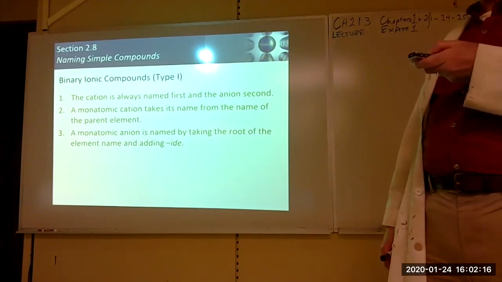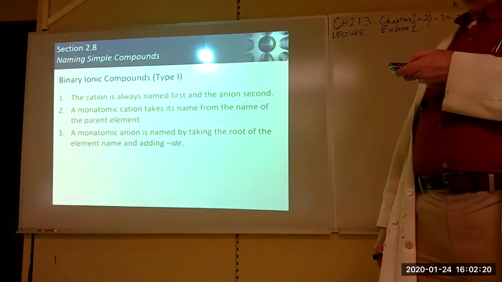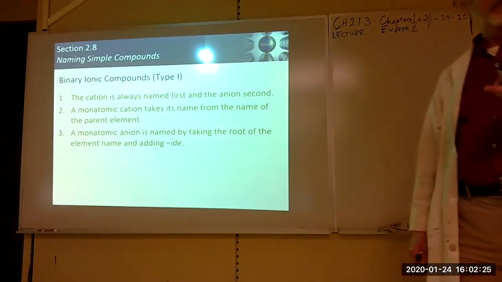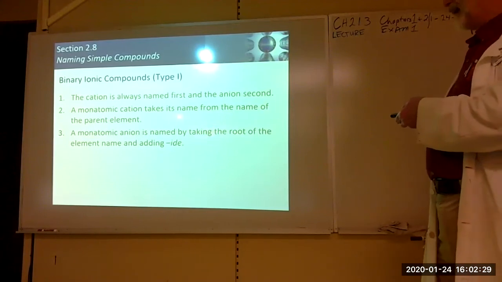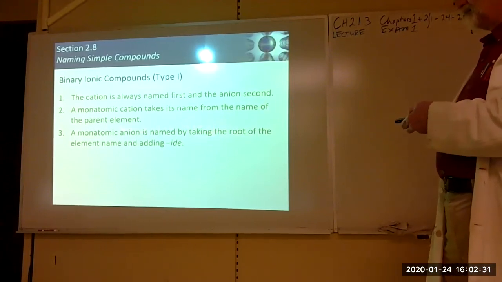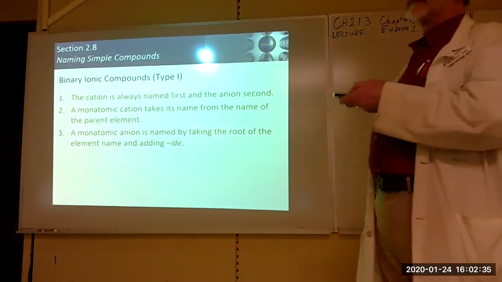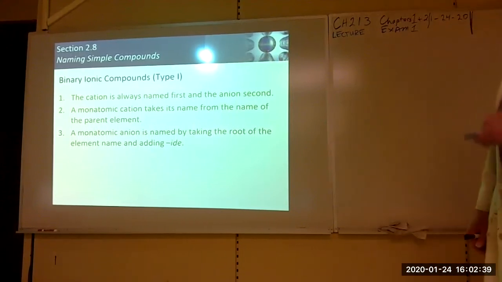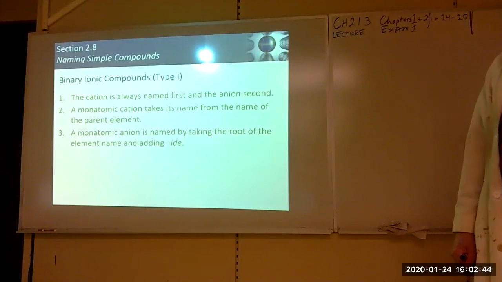So it's going to come from either this group, that group, or this group right here. 2 plus, 1 plus, 2 plus, 3. Okay. And the anion will have whatever its charge happens to be. It would come from this group, it'd be -1, and so forth. But the key is, for type 1s, the cation has only one possible charge.